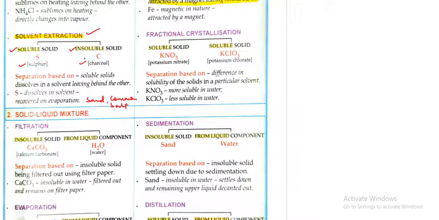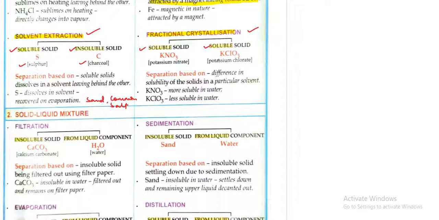The next method is fractional crystallization. So what is fractional crystallization? Suppose one solid is insoluble and another is soluble, then we can use solvent extraction. But if both are soluble, then we use the fractional crystallization method.